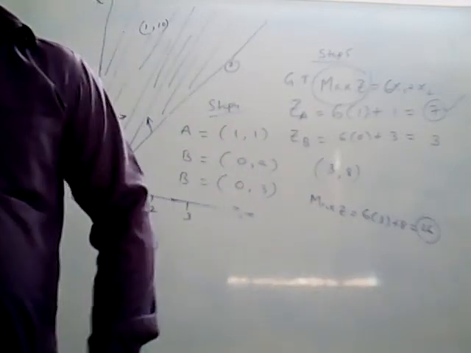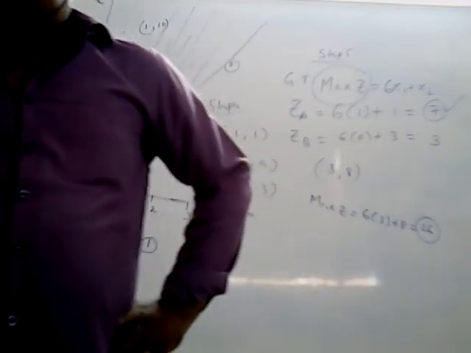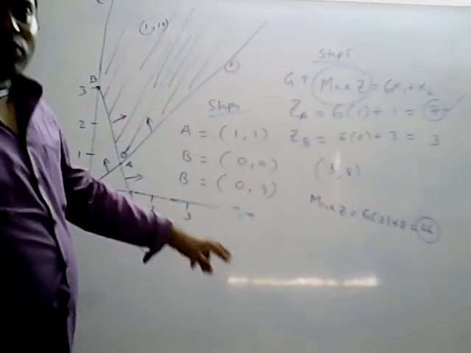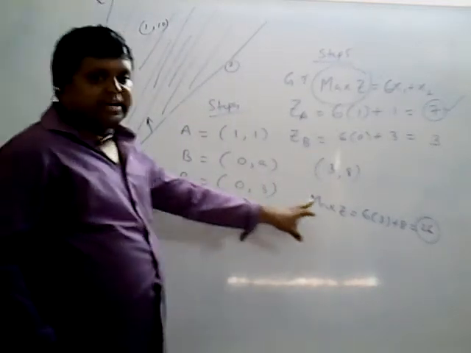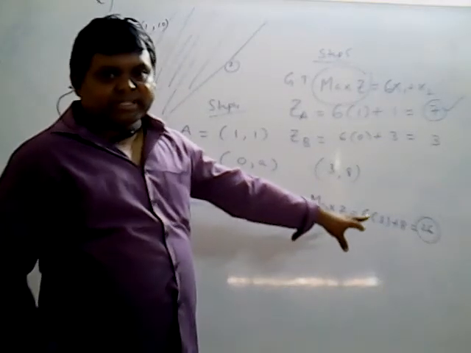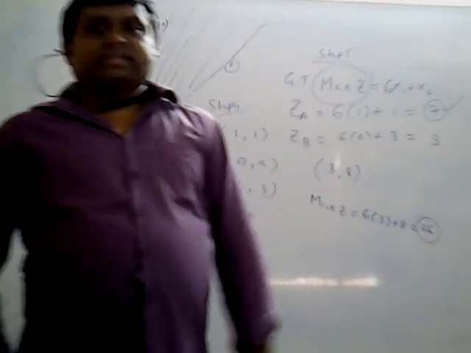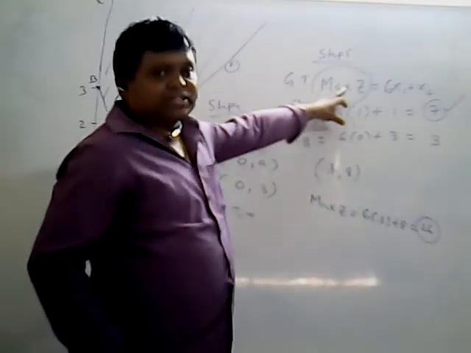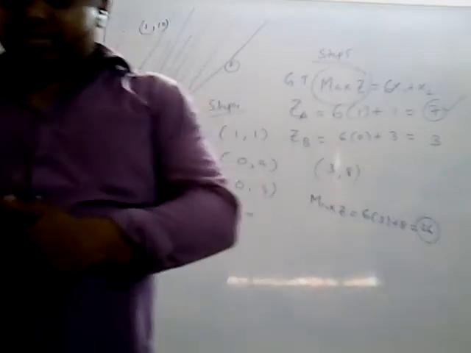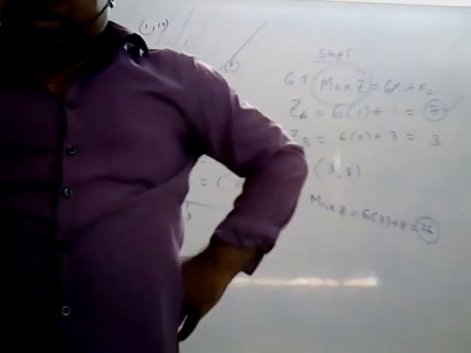Then the objective function value at this point is maximum z equals 6 into 3 plus 8, because this is the objective function. That means the value you are getting is 26, which is more than 7.